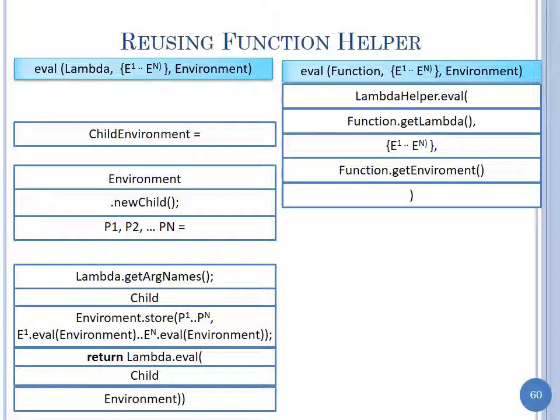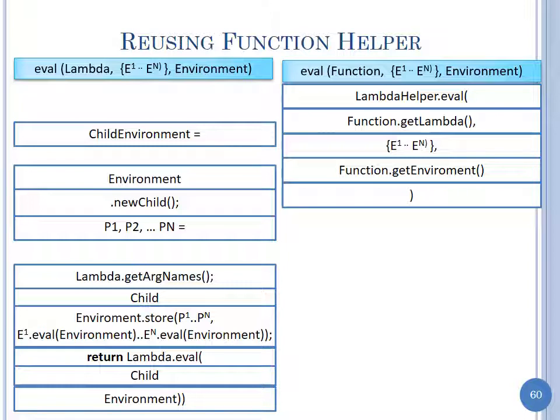So the function helper says, if you give me a lambda, a set of expressions, and an environment, I'll find the arg names from the lambda. I will create a new scope on top of the environment I've been passed.